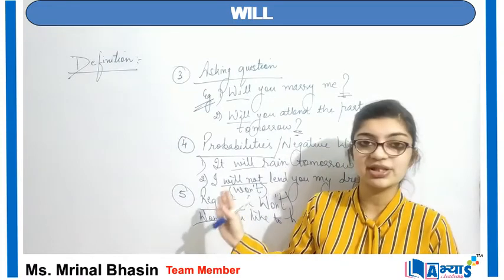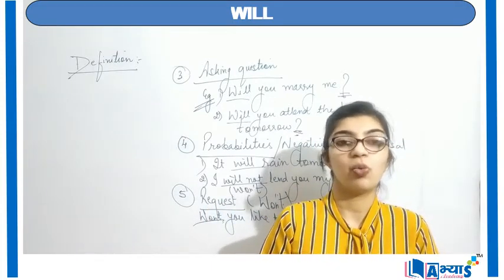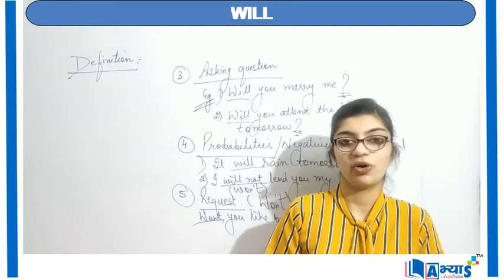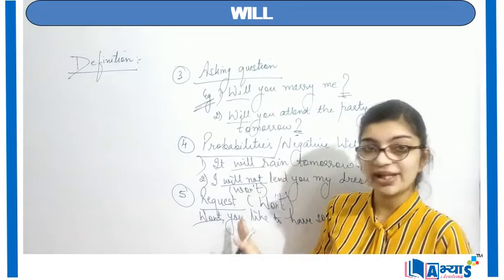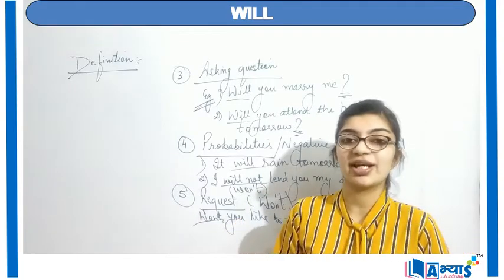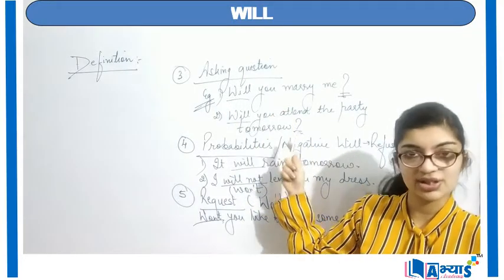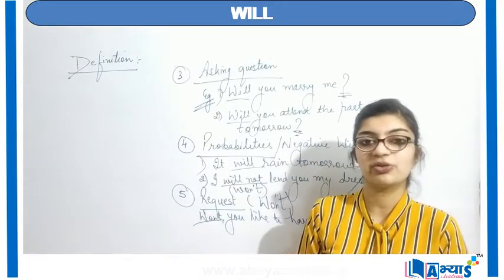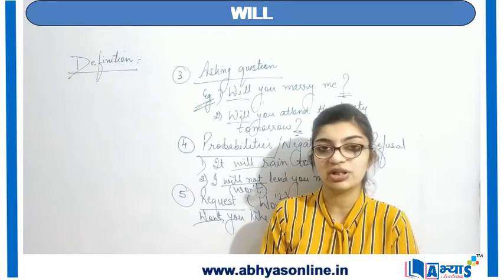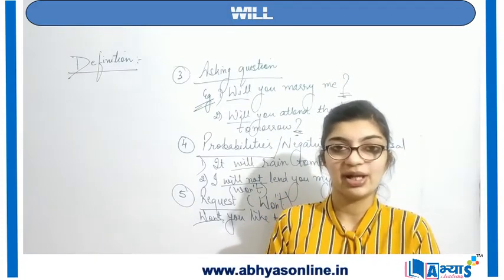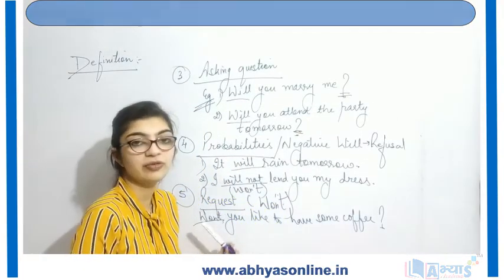The first person usage with will always determines some kind of threat, warning, or determination, right? Then the second type was that you make some kind of command. Third type is you ask questions. Fourth place where will can be used is for making some kind of probabilities, or for a simple refusal by making use of will along with not. And the last type is when you make some kind of request.